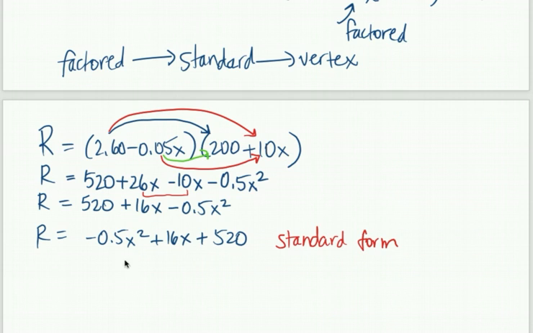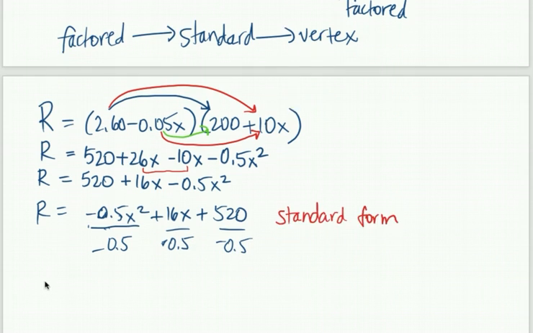Okay. All right. So there's the standard form. So again, to get to vertex form, I need to take this factor off. So I'm going to divide by that factor. And divide it through to everybody here. Okay, so negative 0.5, negative 0.5, and negative 0.5, like that.